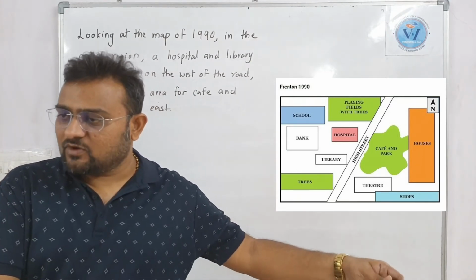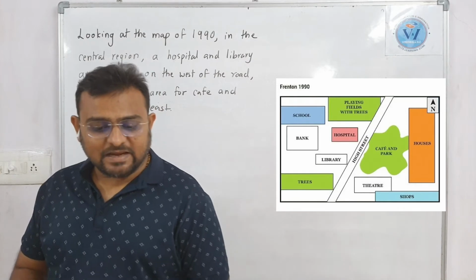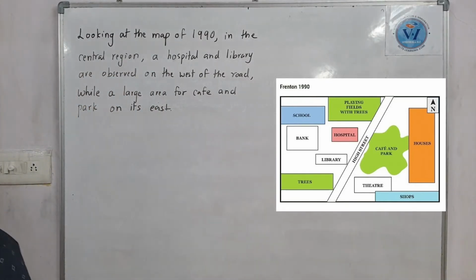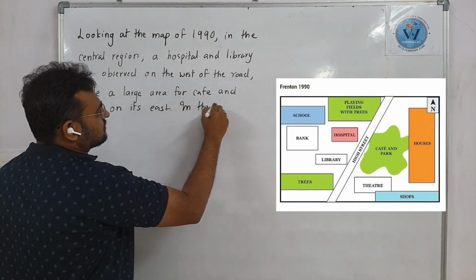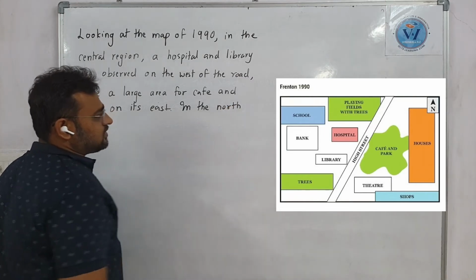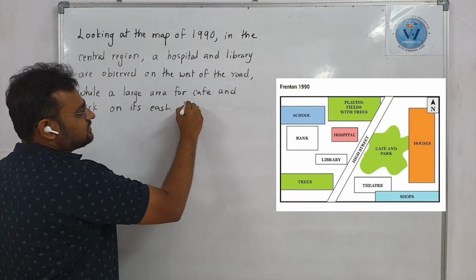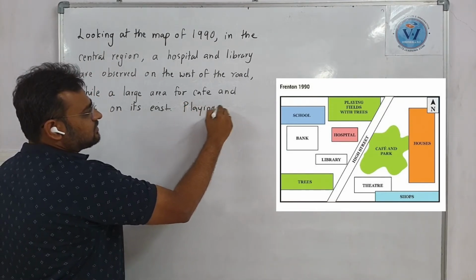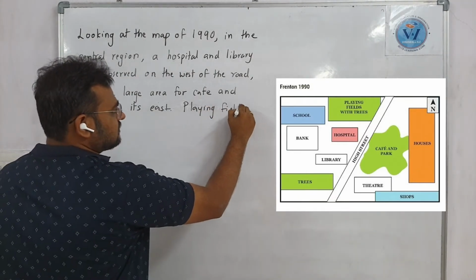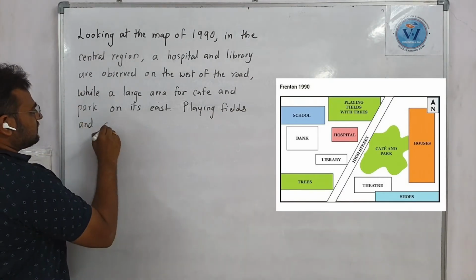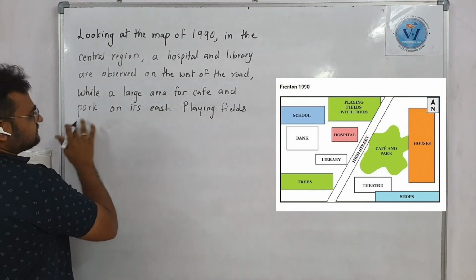Okay, now you can pick up the western part or north, south. Let's see north. What is in the north? Playing fields with trees.